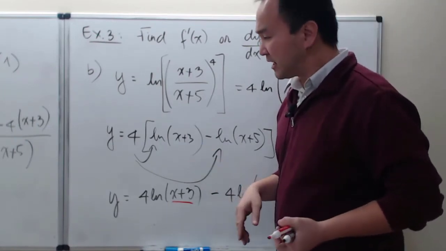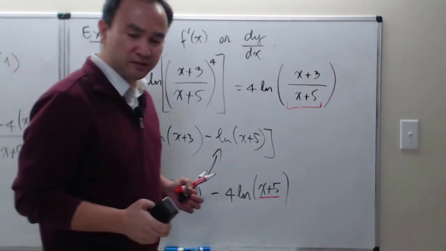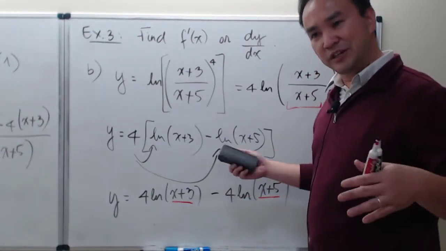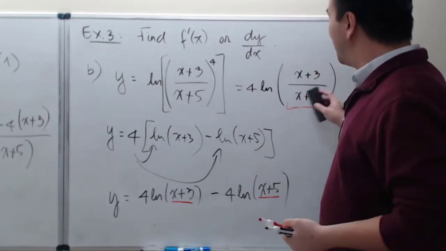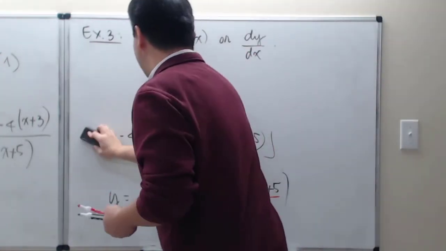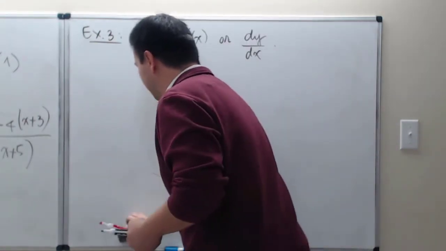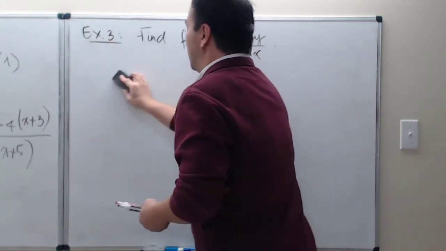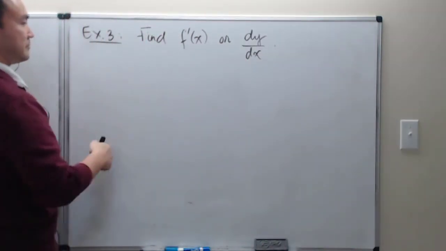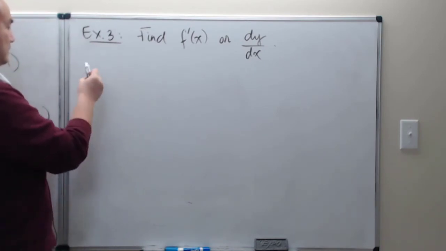So let's look at another problem, and I purposely brought up this example 3 so that as you learn through these examples, you review for yourself a little bit more about the algebra properties of logarithms. Okay, so now let's say we have something like this.